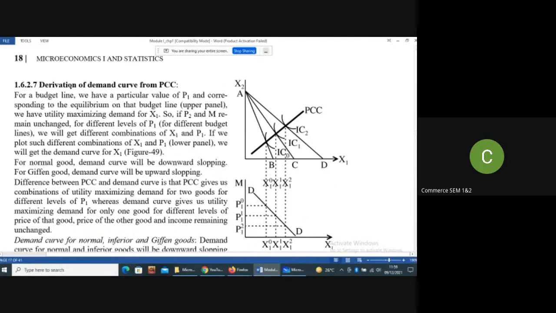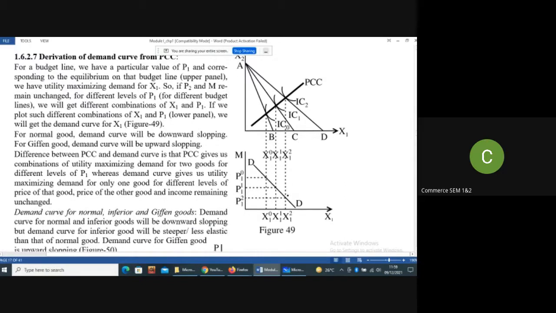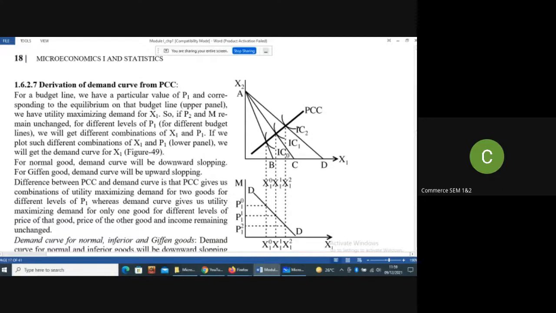Now, derivation of the demand curve from the PCC. We have drawn this PCC curve for different prices of P1, with P2 and money income remaining unchanged. So this is your E0, E1, and E2.